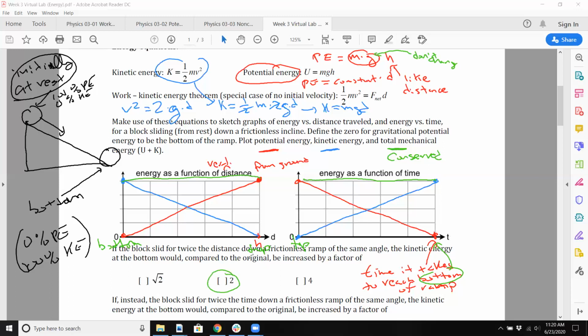So twice the distance is twice the height. So PE times 2, so KE times 2. Remember, you just have to conserve it. So that should just be double that one.